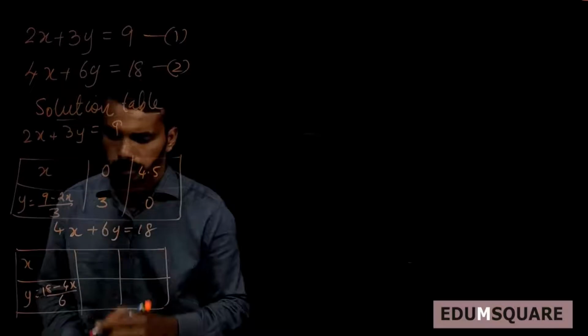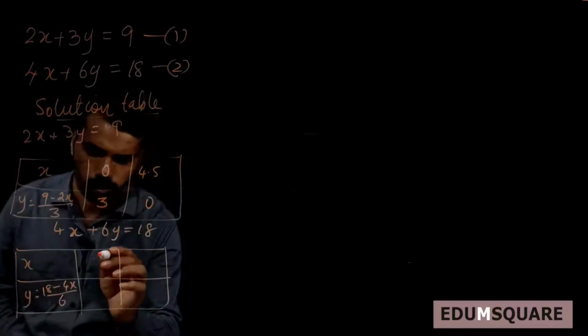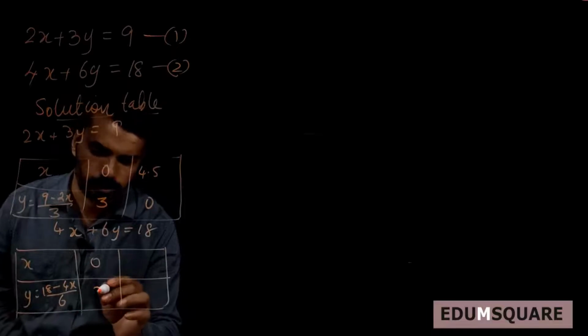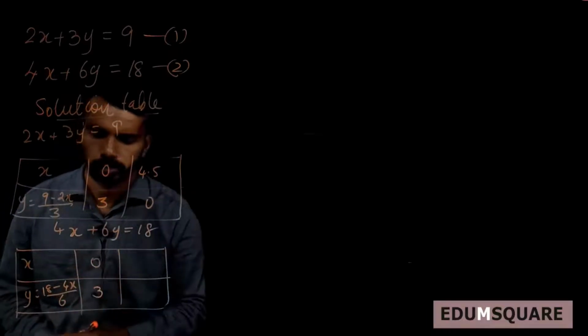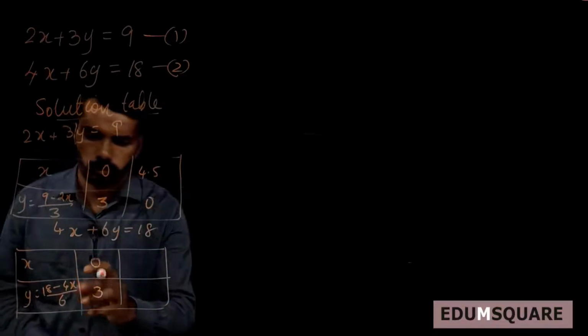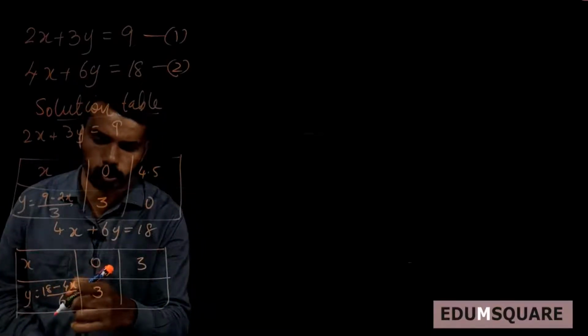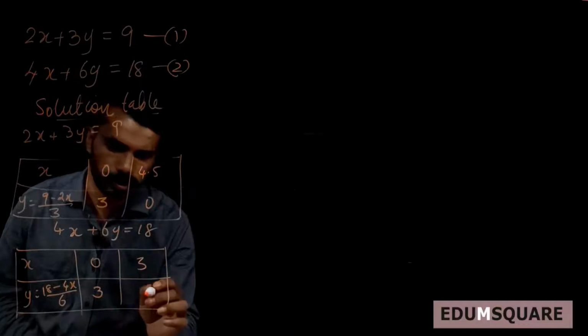So put x is equal to 0, then y becomes 18 divided by 6 is 3. Now put x is equal to 3. Now this 18 minus 12, 6 by 6 is 1.